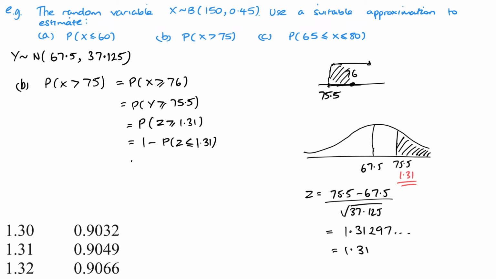So same as before, I've just popped the values down here from the tables. So 0.9049, and that gives me 0.0951. Now, as I did previously, I'll tell you what the value is from the calculator based on the actual binomial.